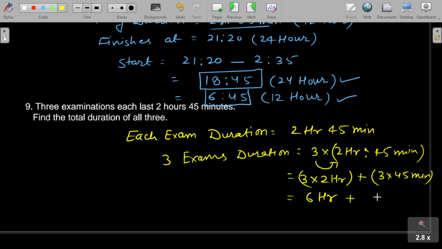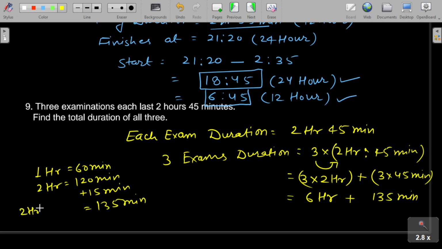135 minutes, and we know that 1 hour equals 60 minutes, and 2 hours equals 120 minutes. And if we add 15 minutes, then it is 135 minutes, and we can write 2 hours 15 minutes equals 135 minutes.